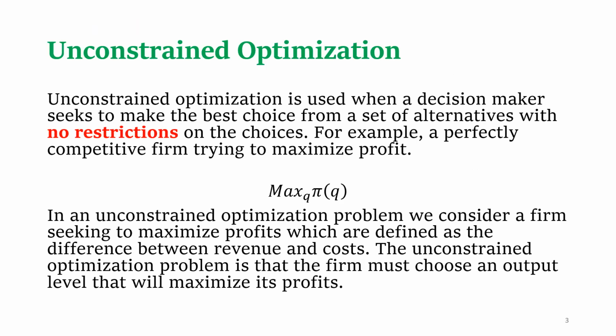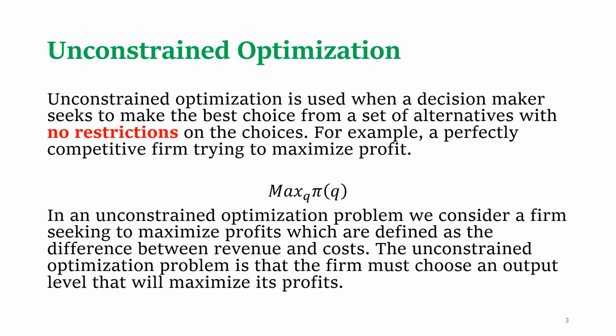Now, this brings us to the concept of unconstrained optimization. So in unconstrained optimization, this one is used when a decision maker seeks to make the best choice from a set of alternatives with zero restrictions on the choices. So for unconstrained optimization, there are no restrictions on the choices that the decision maker is going to make.